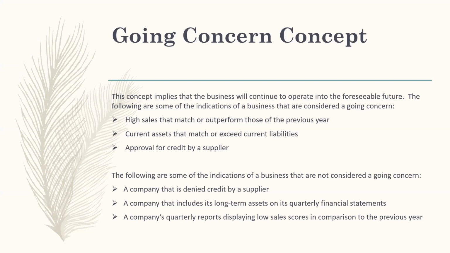The following are some of the indications of a business that is not considered a going concern. For instance, if a company is denied by a supplier, let's say you want to get goods from a supplier and he or she refuses to sell you the goods, obviously it's because they see that your business is not doing very well or is not in operation.